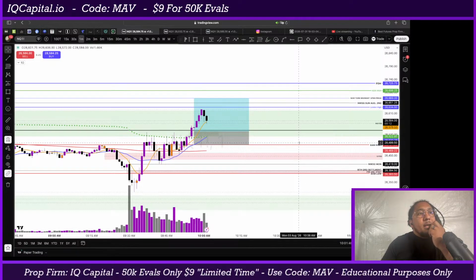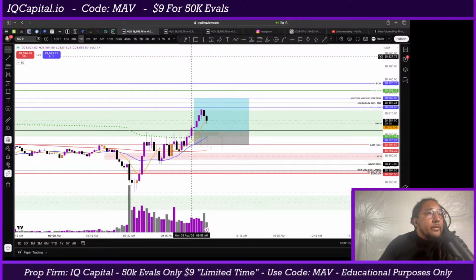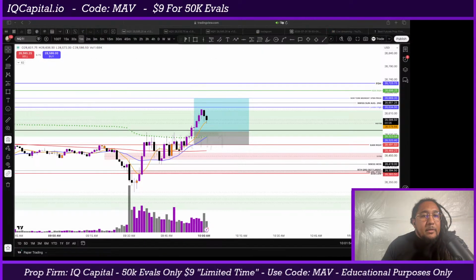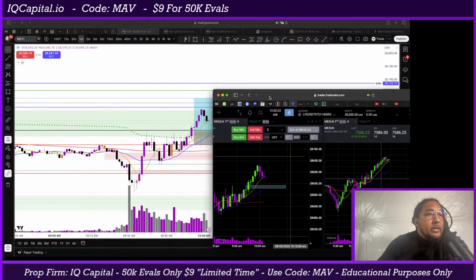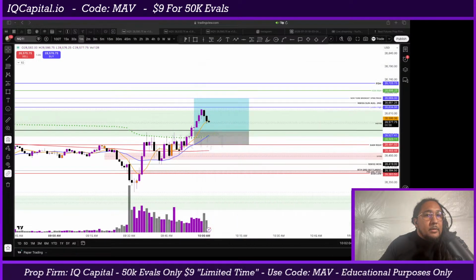So I'm just going to set a buy limit here on TradingView. If I do get into the trade, I'll pull up here's my TradeAvate account. So if we get into this, I'll pull it up so we can see that as well.